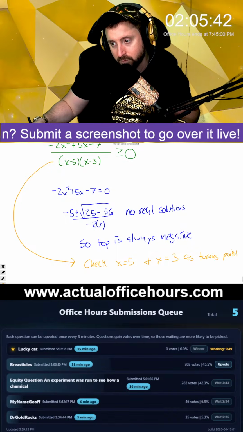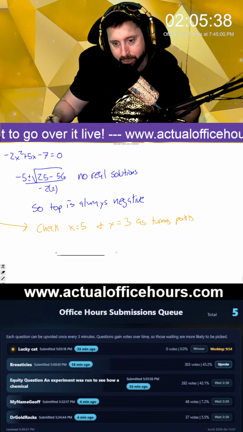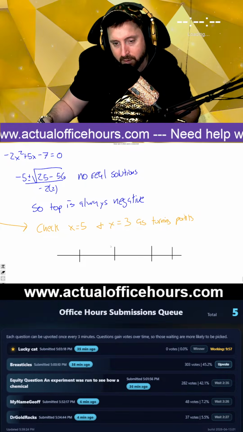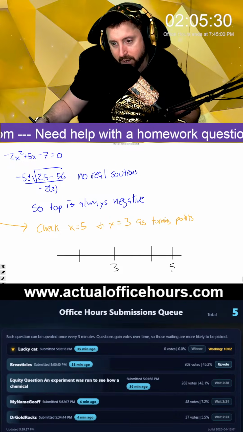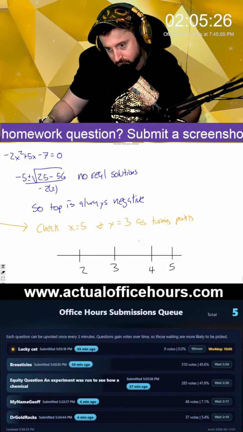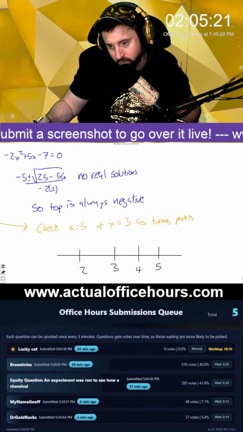Cool. So we can make a little number line. Put some points. Let's do 3, 5, and then I'll check 4. I'll check 2, and I'll check 6 as well.